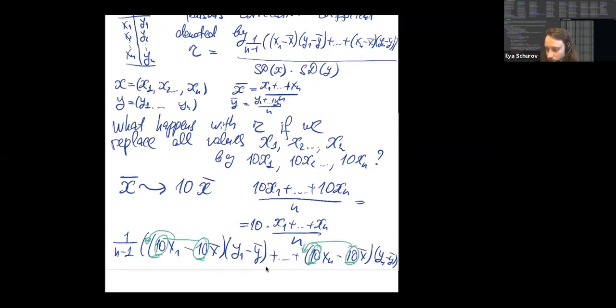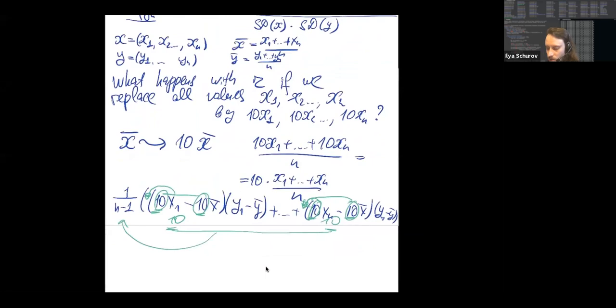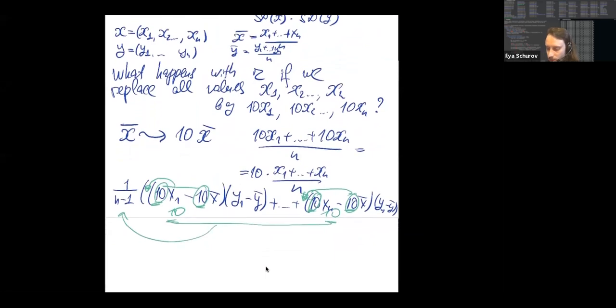You have 10 something plus and so on 10 something, and so you can just move this 10 out of the whole bracket, so it will be multiplied by 10.